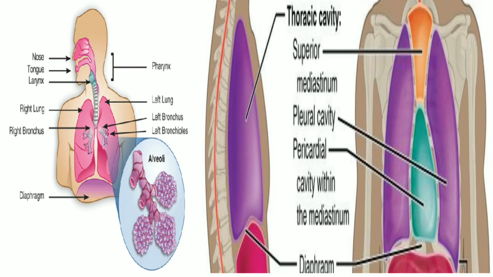But how does this process take place? From where do you inhale? Yes, you inhale the air from the nose. Then where does it go? It goes into the trachea. Now what is the trachea? The trachea is a pipe, the windpipe. So the air which is inhaled from the nose will go into this windpipe, that is the trachea.